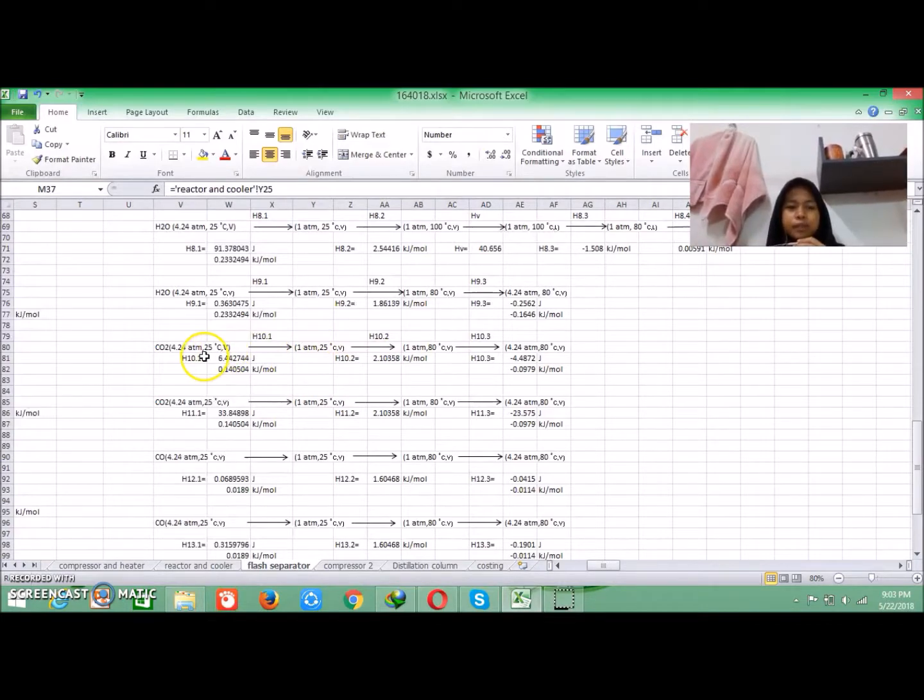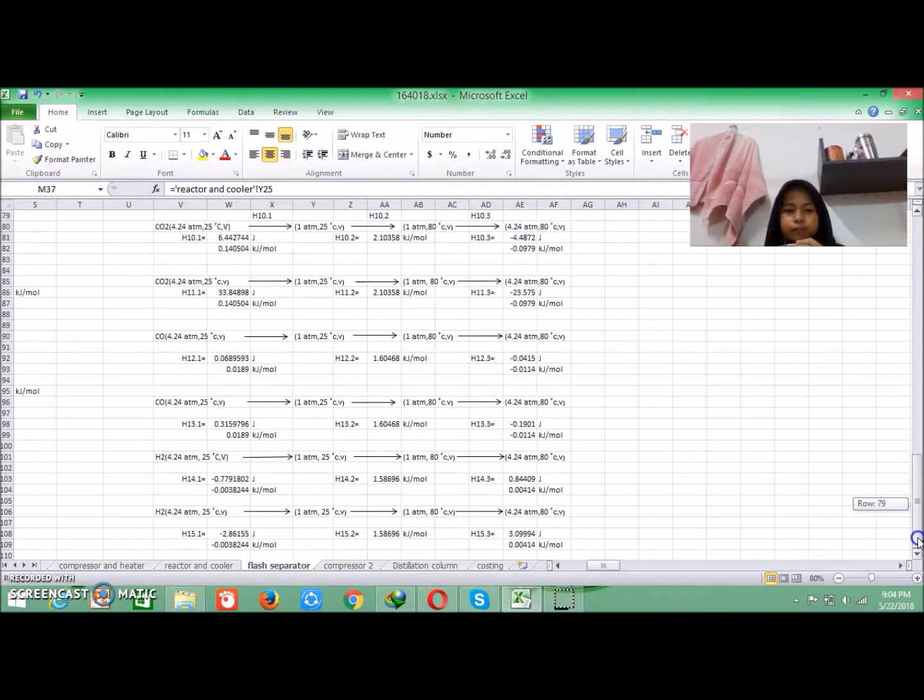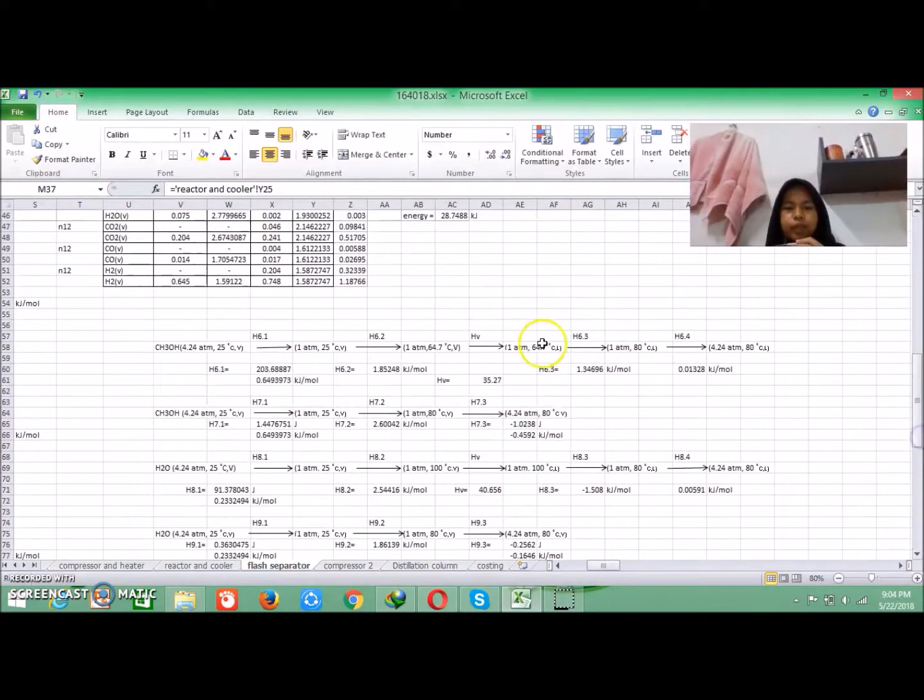So I use the previous formula, and then I use the heat capacity for changing 25 degrees Celsius to 80 degrees Celsius, and then I have to change the pressure back to 4.24 atm, like this. So this one is the same as before. I use the same formula to calculate the energy. So all of these are the same, but not for methanol.